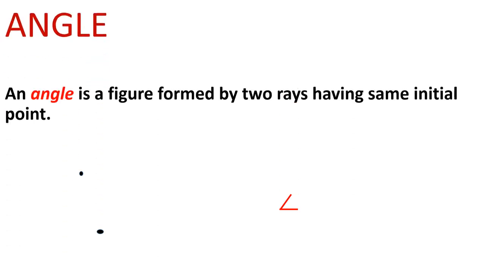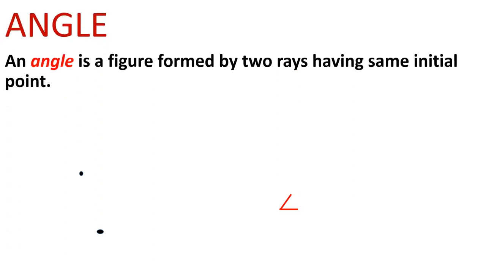An angle is a figure formed by two rays having the same initial point. You have seen the figure of an angle in 5th class also. So what is an angle? An angle is a figure formed by two rays.